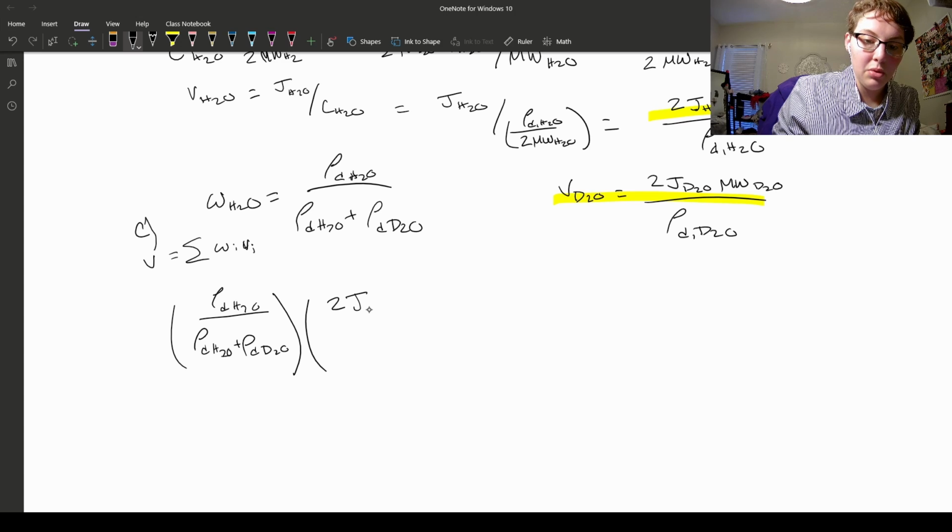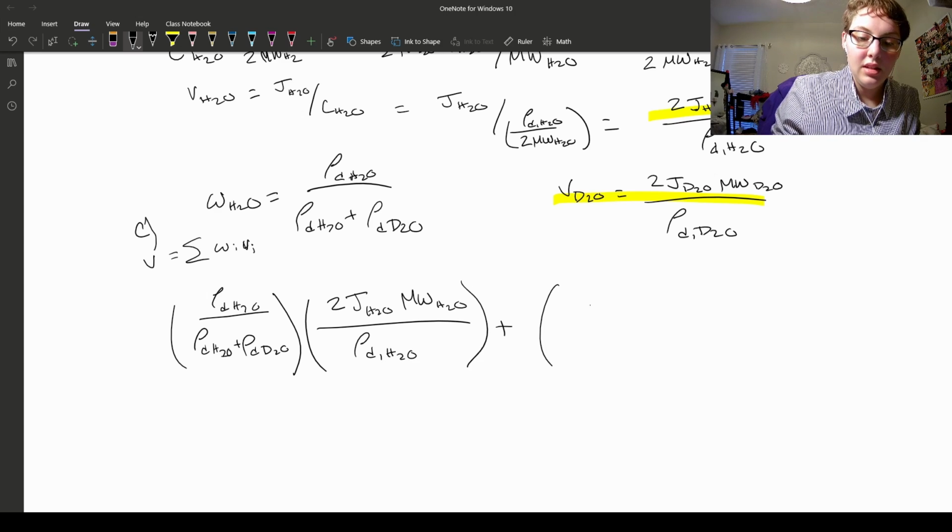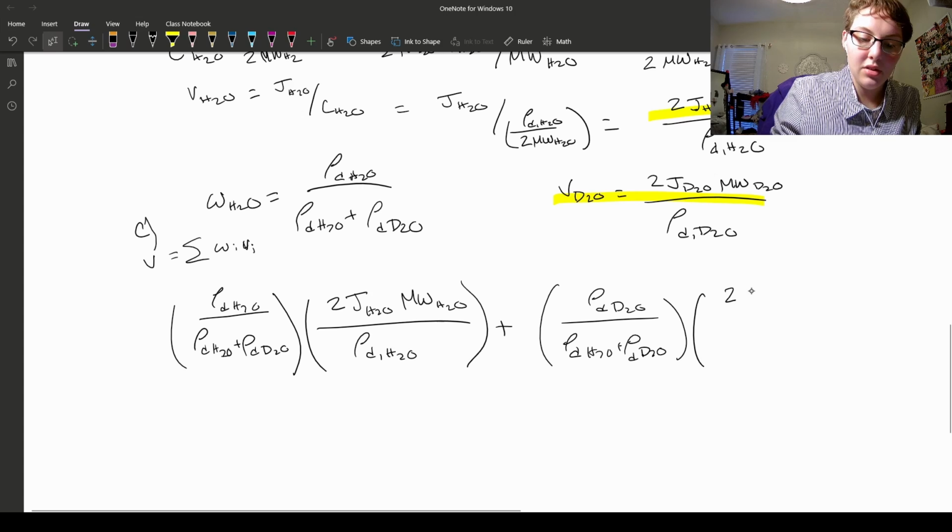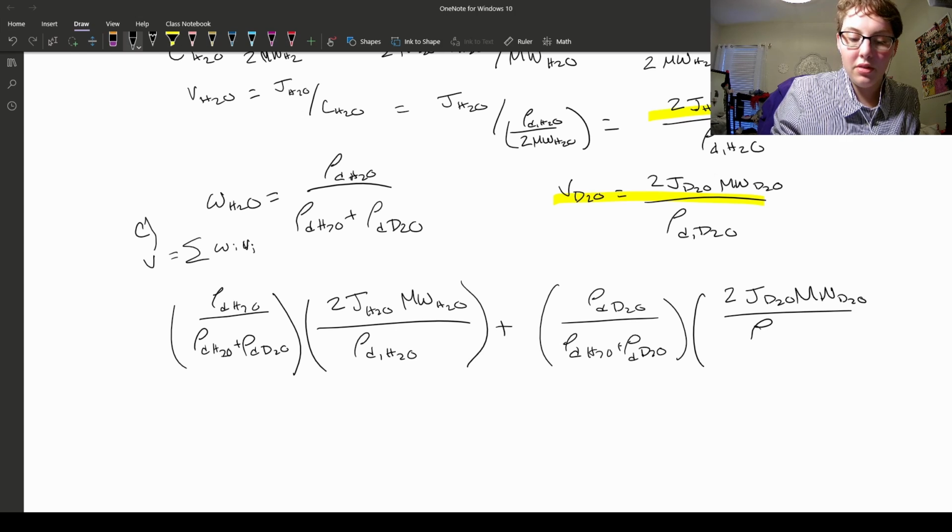So 2 times the molar diffusive flux of H2O times the molecular weight of H2O over the density of H2O plus the density of D2O over the sum of the densities again, and then multiply that by 2 times the molar diffusive flux of D2O times the molecular weight of D2O over the density of D2O.